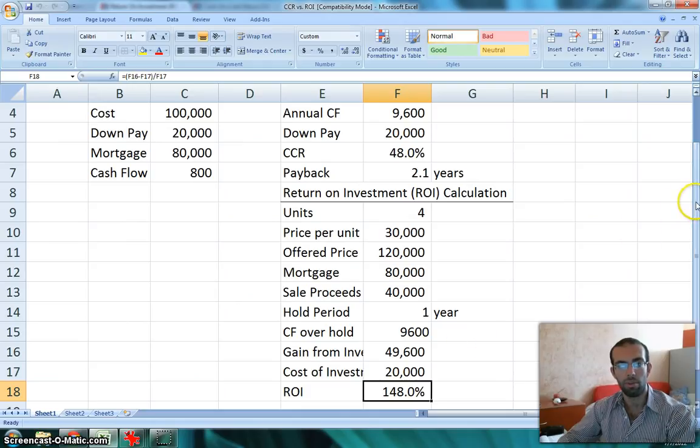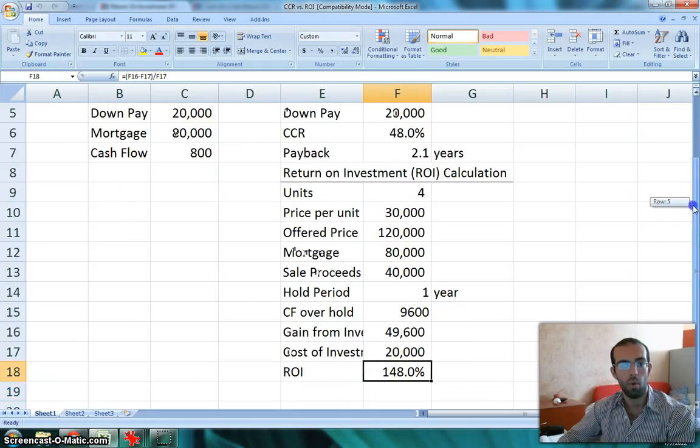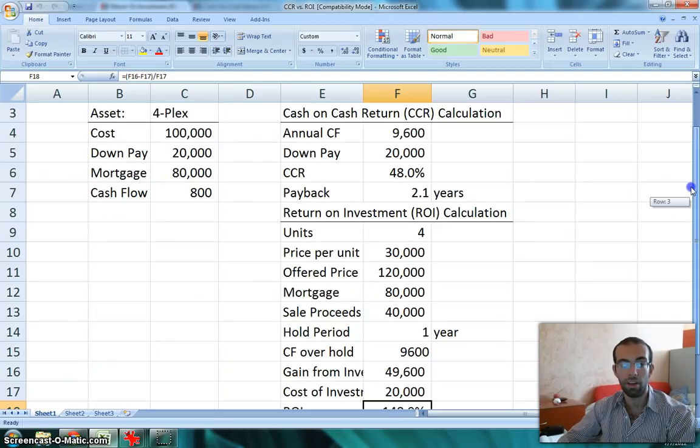So I hope this has helped to clarify the differences and also similarities between the two calculations. The big thing that you should remember is to always know how this is calculated, because these kinds of terms are abstractions. They have no real concrete basis in reality. It's not something like, let's say, a dog.